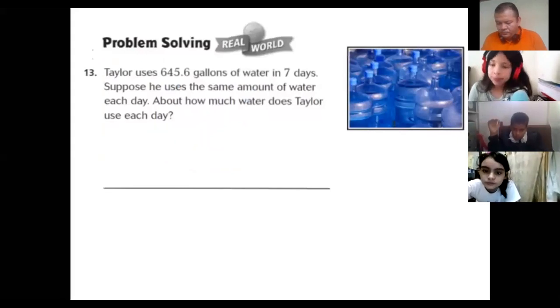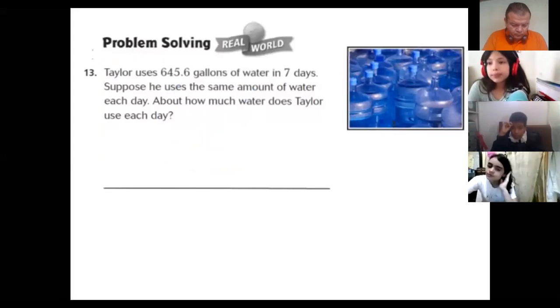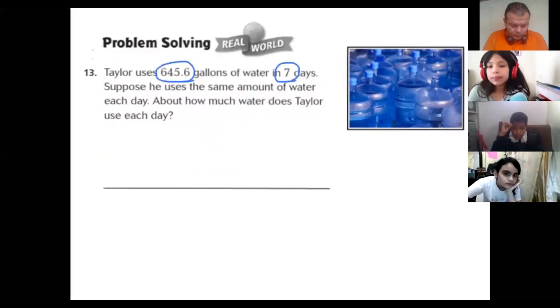Now, here's what I know we have. We know, first of all, that Taylor uses 645 and 6/10 gallons of water in 7 days. We know that he uses the same amount of water each day. It says about how much water does Taylor use each day.